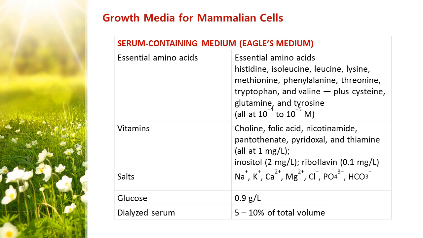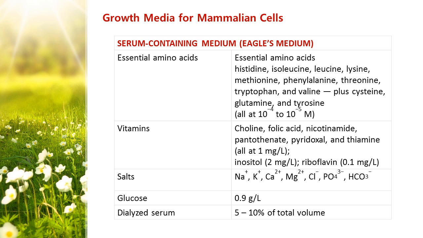So here the concentration is also mentioned, 10 to the power of minus 4 to 10 to the power of minus 5 molality. And it includes major vitamins like folic acid, nicotinamide, pantothenate, choline, pyridoxal, and thiamine. Apart from that, it also includes inositol and riboflavin.